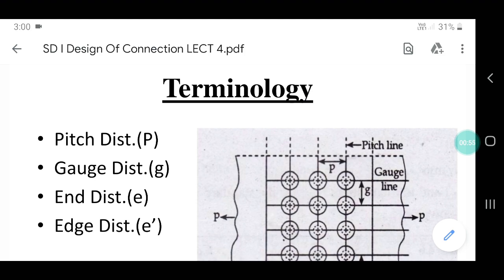In this lecture we are going to learn about the terminology and failure of bolted joint. So these two points are going to be covered in this video, so stay tuned.